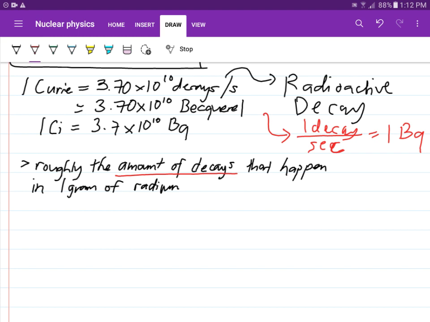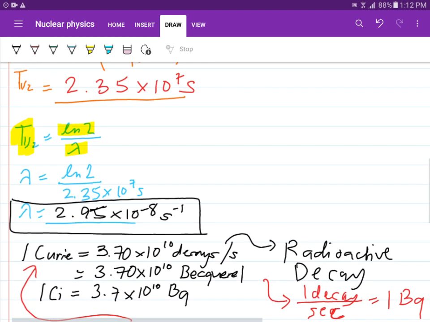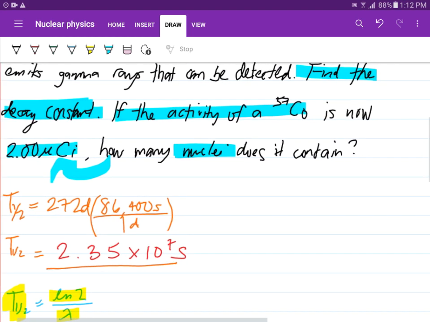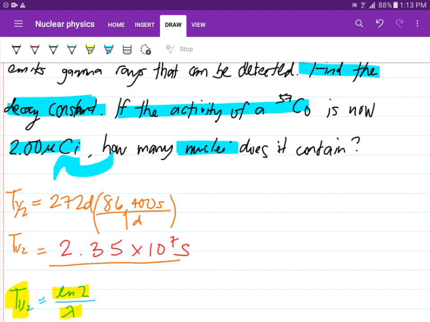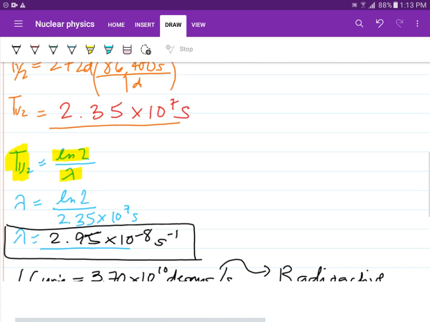The unit is credited to the scientist who studied radioactive decay, Marie Curie. She was studying radium and how radium emits radiation. So given that the activity of cobalt-57 is 2 microcuries, how many nuclei does it contain?